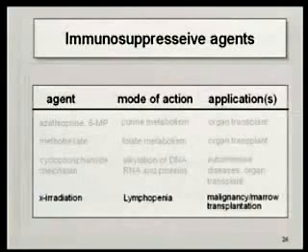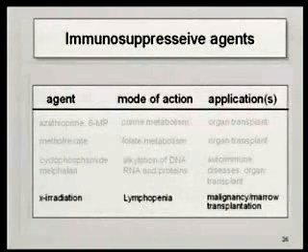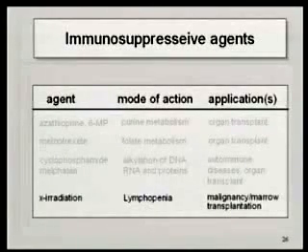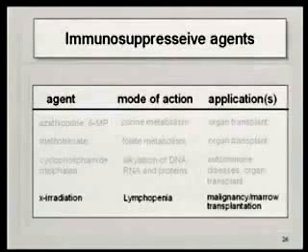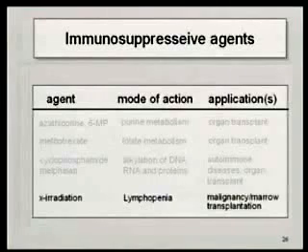X-ray radiation is very, very non-specific, again, an immunosuppressive agent, and it causes damage to all the mitotic cells. Therefore, it would result in lymphopenia in terms of immune system, but also causes damage to other cells.